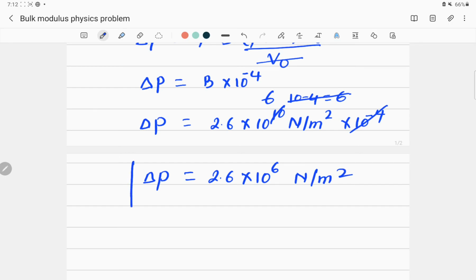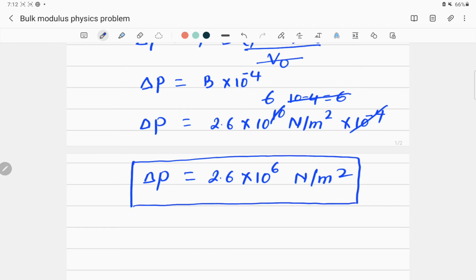So to compress mercury by 0.010 percentage, we have to apply a pressure of 2.6 × 10^6 newton per meter square.